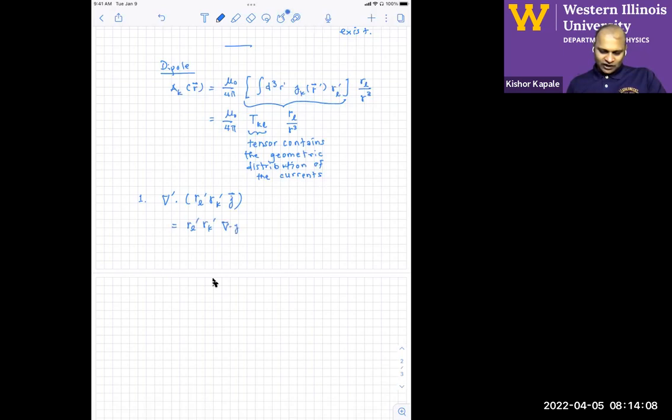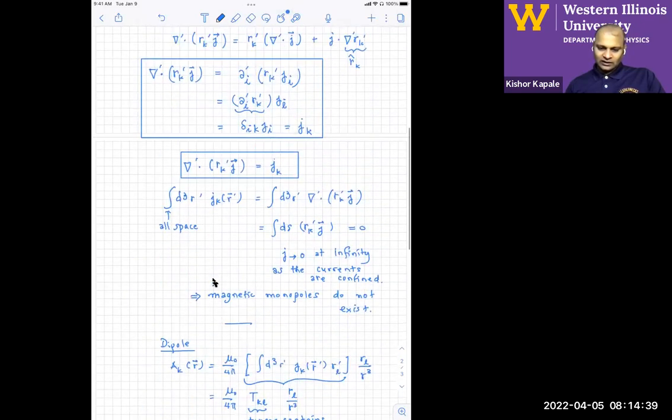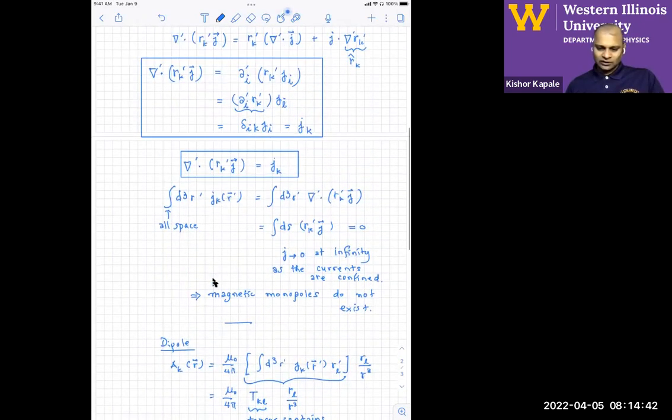You have divergence of J, which we just showed earlier turns out to be 0, plus r_l prime times the divergence applied to r_k prime J, and we know this is J_k. We just saw it earlier here, the two terms in the boxes.